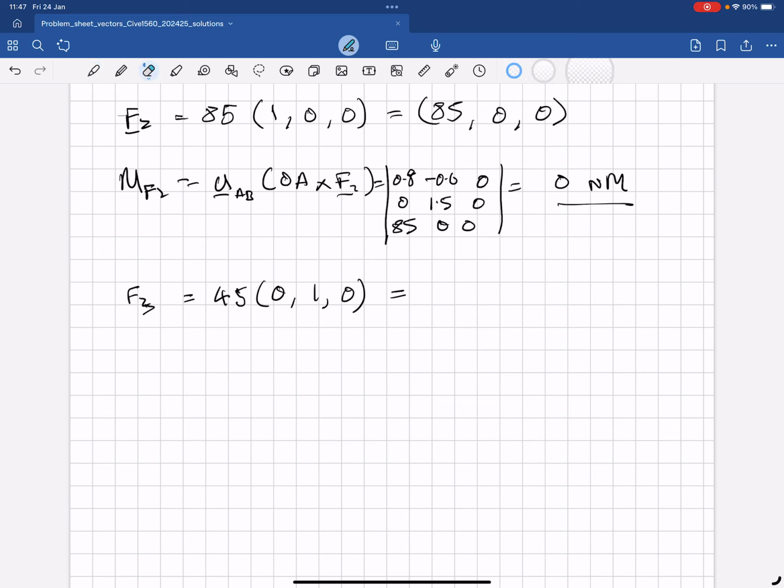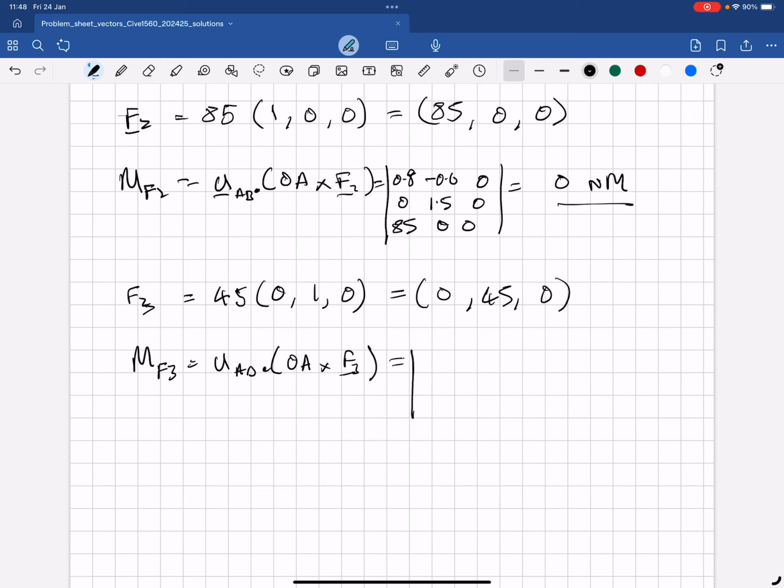So the actual vector is 0, 45, 0. The moment of F3 is equal to UAB dotted with OA crossed with F3 as a vector. So we can write that in the determinant form.